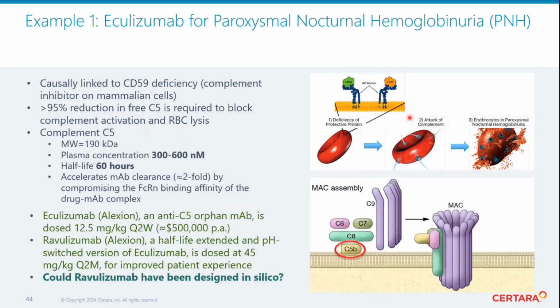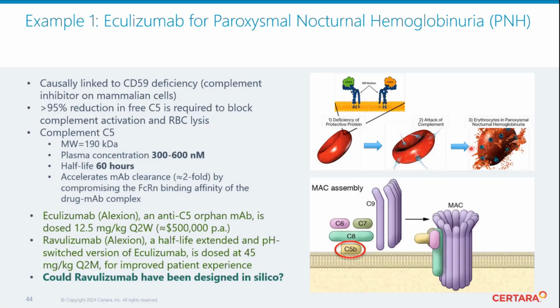So, a few examples. There is a nasty disease called PNH where people's red blood cells get lysed during the night, so they pass through urine, and it's all full of hemoglobin. And the reason is an immune deficiency: a protein which protects one's own cells is missing. Hence, the human complement attacks the cells.